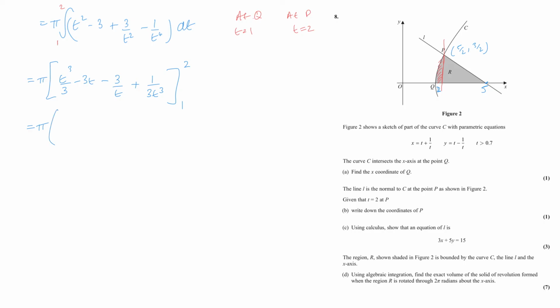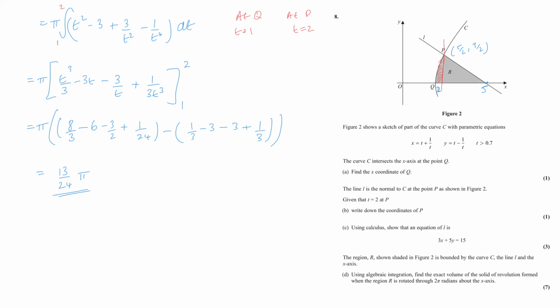So taking the pi outside, we've got 2 cubed is 8 over 3 minus 6 minus 3 over 2 plus 2 cubed is 8 times 1 over 24 minus 1 over 3 minus 3 minus 3 plus 1 over 3. And all that comes to 13 over 24 pi.